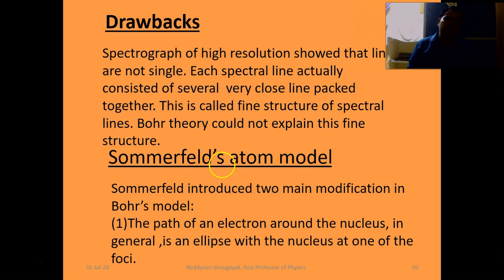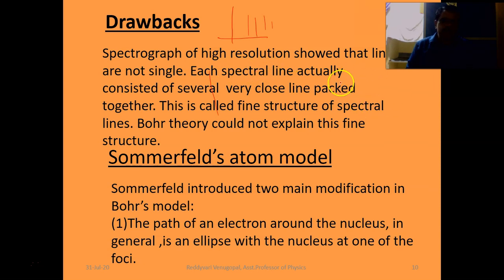Coming to the drawbacks of Bohr's atomic model: a spectrograph of high resolution. A spectrograph is a diagram which shows different atomic transitions with energy. The spectrograph of high resolution showed that lines are not single.